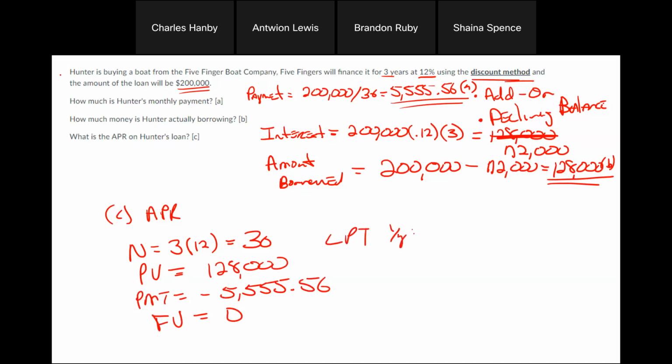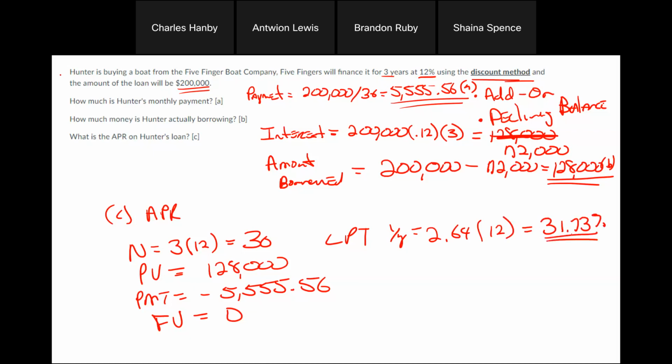We get 2.64. That's a monthly rate. Since we have monthly payments, it'll give us a monthly rate. So 2.64 times 12. We have to annualize it to get the APR, which stands for annual percentage rate. 31.73%.